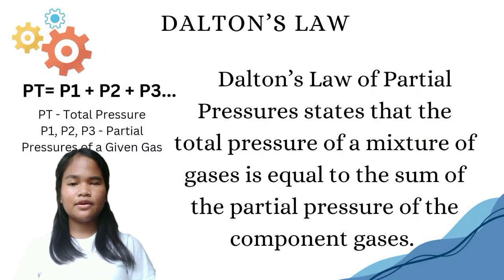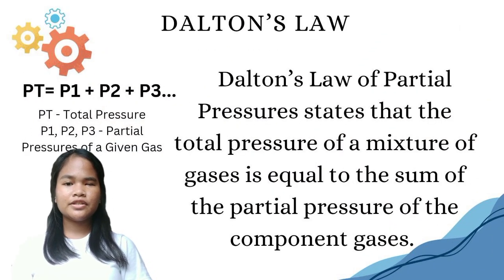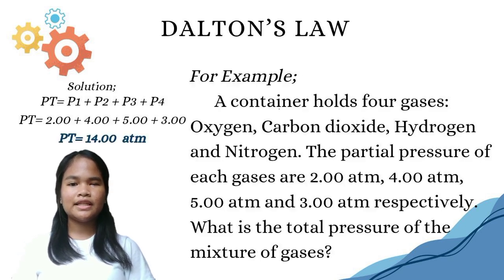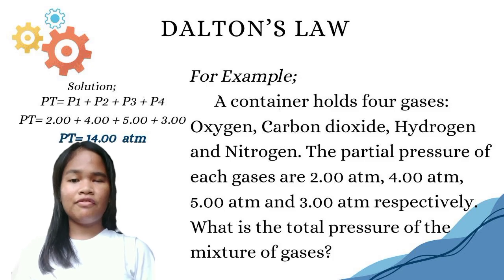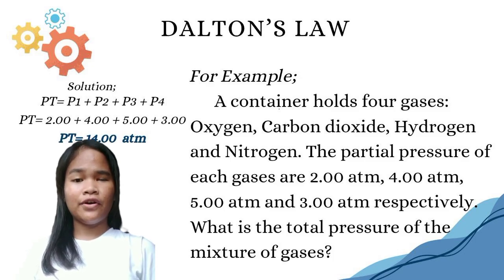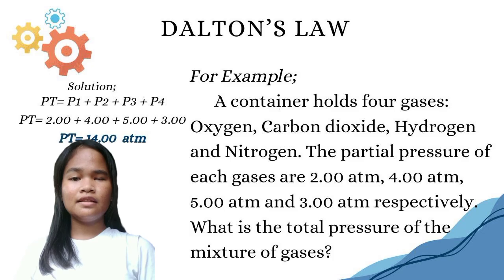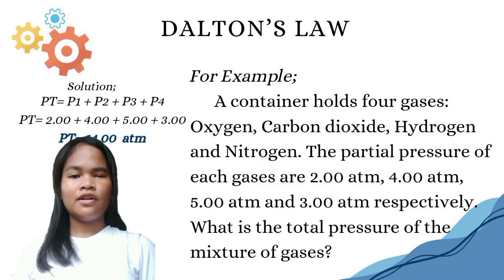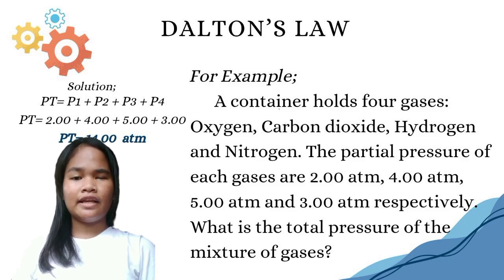Dalton's law is a gas law which states that the total pressure of a mixture of gases is equal to the sum of all the partial pressures of the component gases. For example, if we have a container that holds four gases, which are oxygen, carbon dioxide, hydrogen, and nitrogen, with pressures of 2 atm, 4 atm, 5 atm, and 3 atm respectively, how are we going to find the total pressure of the mixture of these gases?